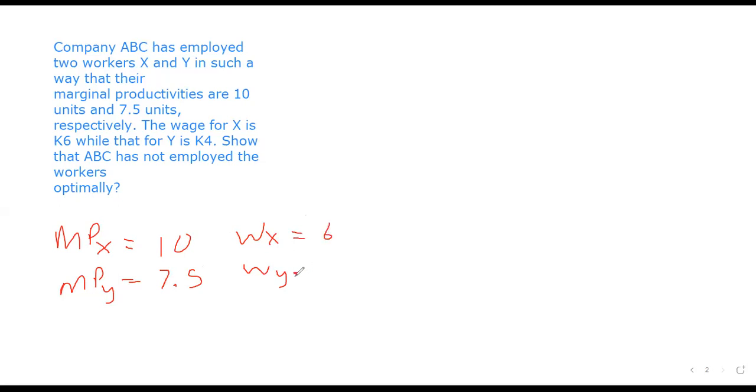Under production, how do we know that the people are optimally employed? What is the optimal combination? The marginal product of X divided by the wage for X must be equal to the marginal product of Y divided by the wage for Y. These must be the same.